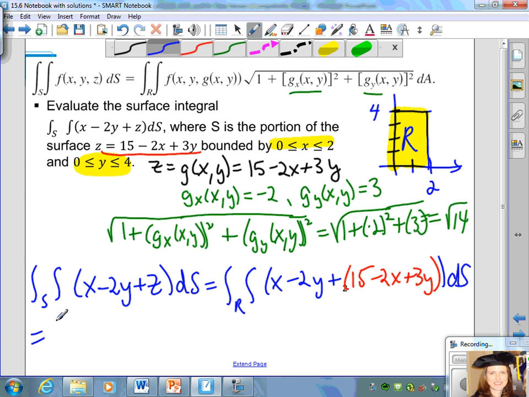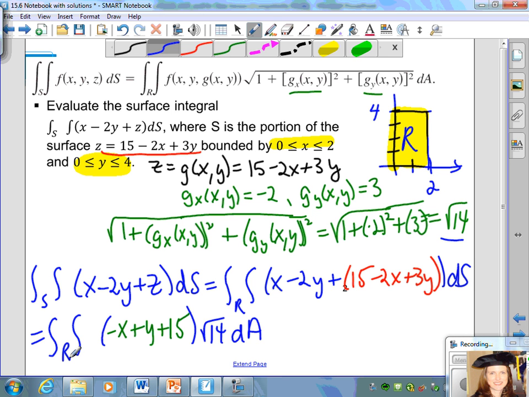Now when we simplify this, this will all simplify to negative x plus y plus 15. And that dS we're going to replace with the square root of 14 times the differential area dA, where R is that region.